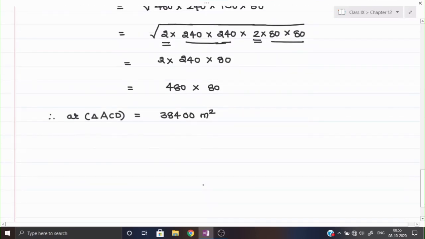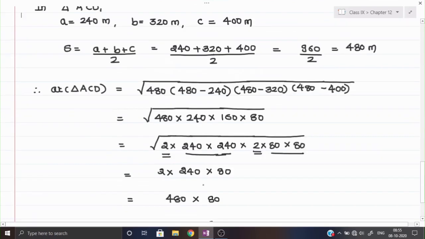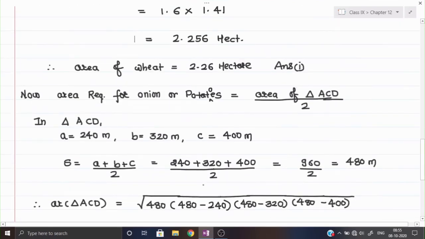Now that value we shall put up in this equation. See, area of onion and area of potatoes. Here I am going to put, okay, dividing by 2. So we will get the onion or potatoes areas.